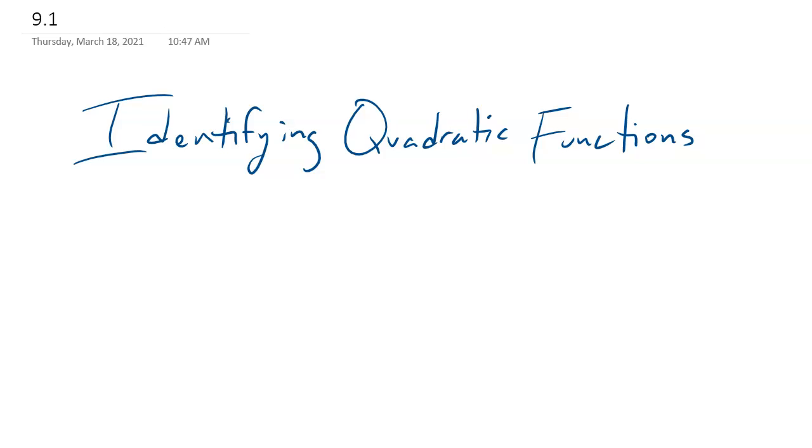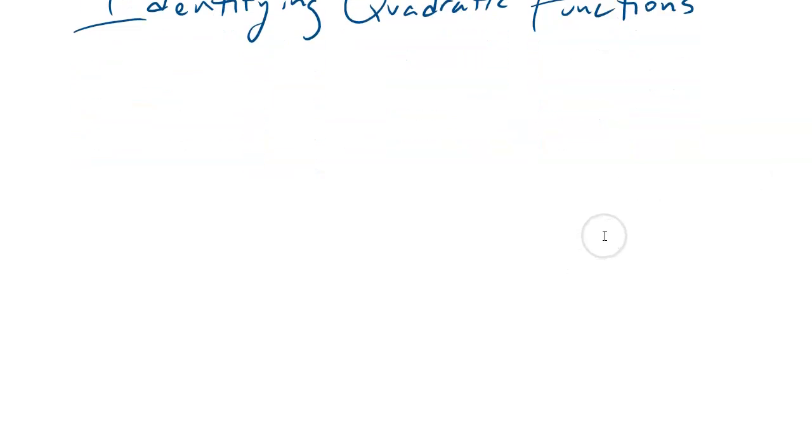Okay, so there are some different parts about identifying quadratic functions, and it can be presented to you differently. One way is if you're just given a bunch of numbers, and you might be asked if they would fit a quadratic function. Numbers can be presented to you different ways, and that's kind of annoying. One way is you might be given them as just a bunch of points.